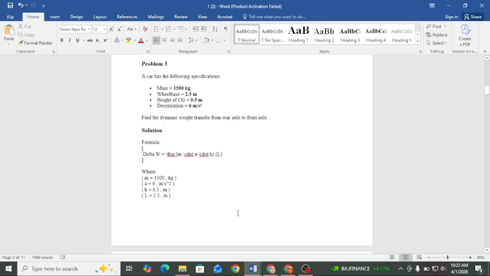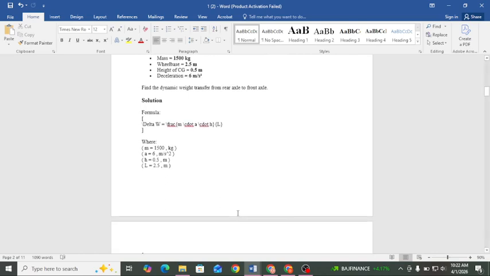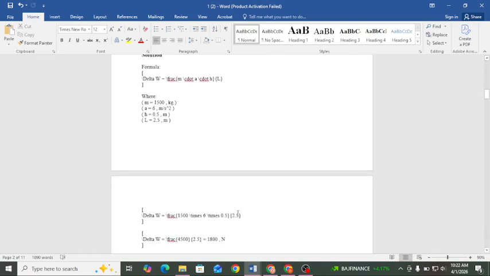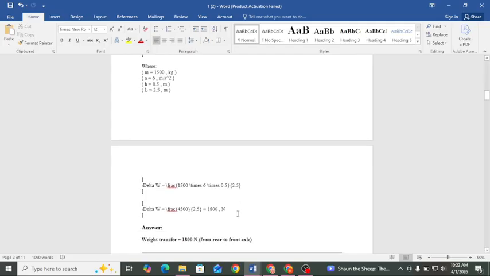The delta weight transfer is equal to the multiplication of the mass, 1500, with the acceleration 6, with the height, divided by the wheelbase length. The calculation gives 1800 newton.